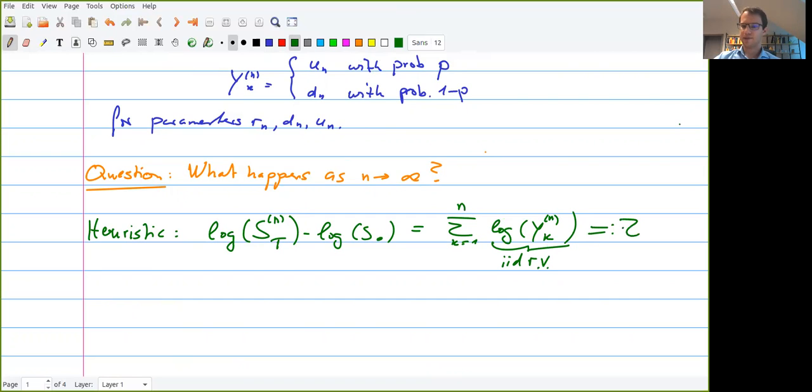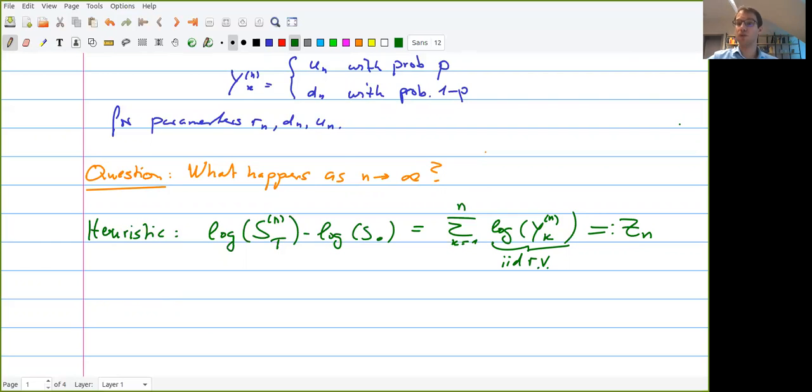And now think about what you have learned in probability courses, in Stochastic 1 and Stochastic 2. What is this? This is a sum of independent random variables. If I scale and normalize it in the right sense, that's the central limit theorem, which tells you that, normalized in a smart way, this converges to the normal distribution.